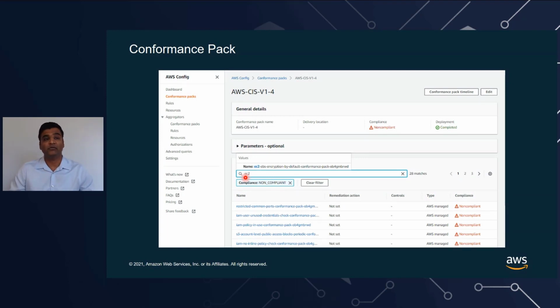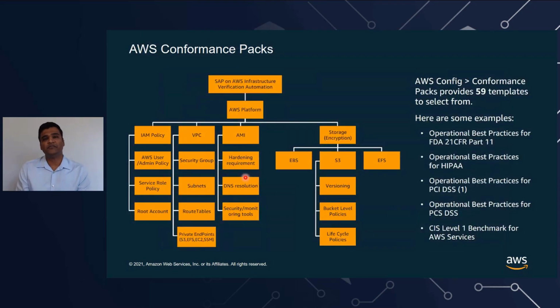So you can even create additional custom config rules and utilize standard best practices conformance packs that can also provide you that ability. Now, I would not be going into more details, so let me switch the gear a little bit and talk about how these conformance packs can help you out in your SAP journey, right? So I just provided a few conformance pack templates, but we have almost 59 out there to satisfy various types of requirements.